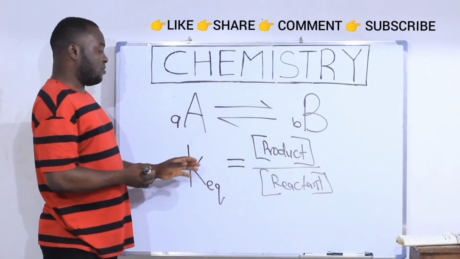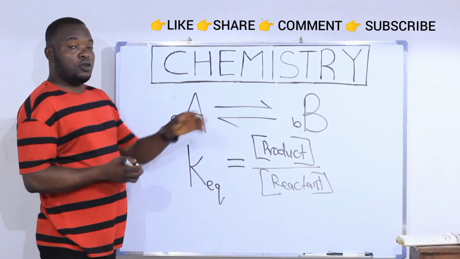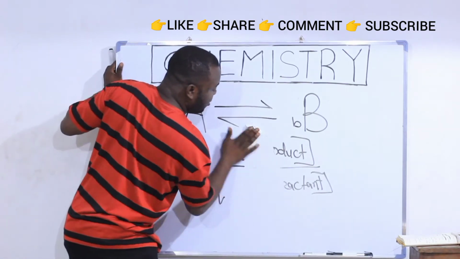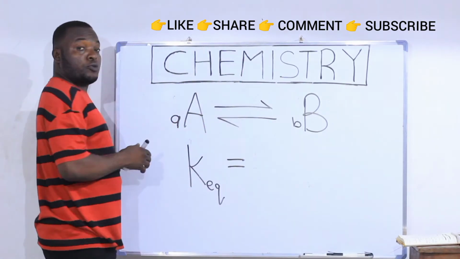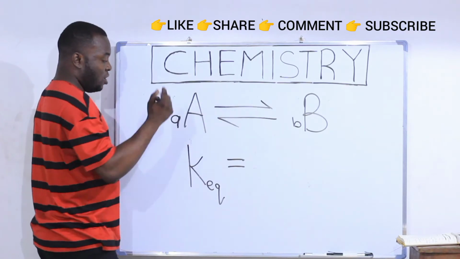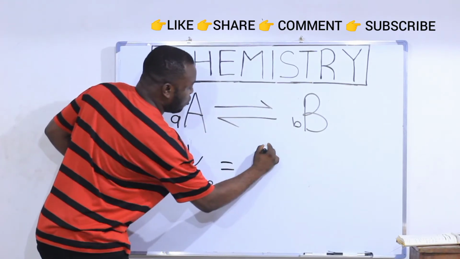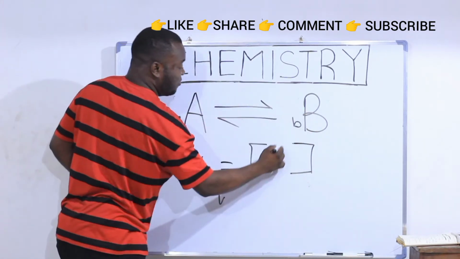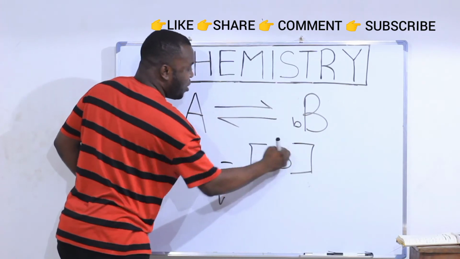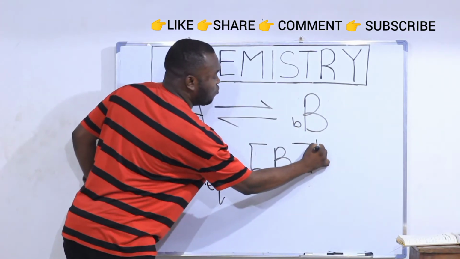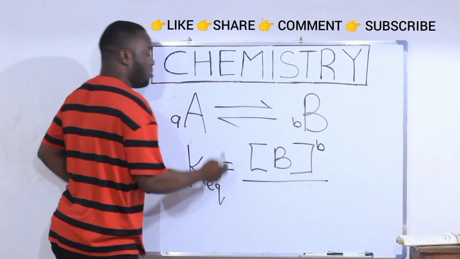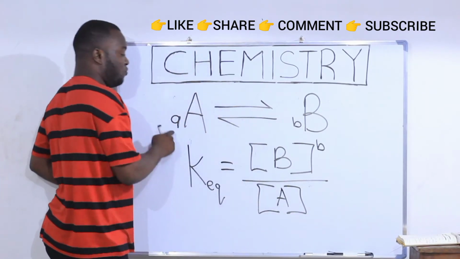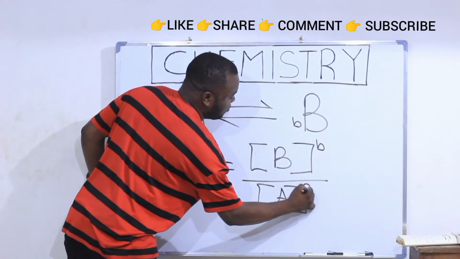Now let us relate this formula to the equation given to us on the board. According to the law of mass action, to write the equilibrium constant for this reaction, it will be equal to the concentration of my product, which in this equation is B, raised to the power of its stoichiometric coefficient, which is small letter b, divided by the reactants, which is the concentration of A raised to the power of its stoichiometric coefficient, which is a.